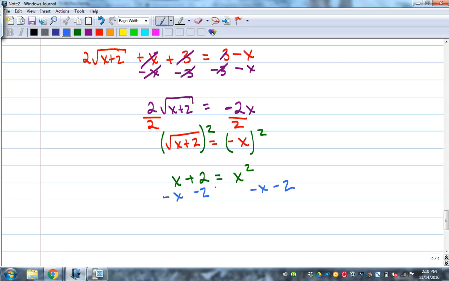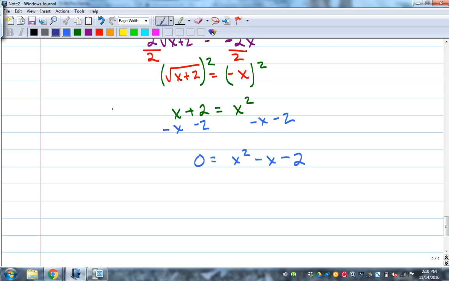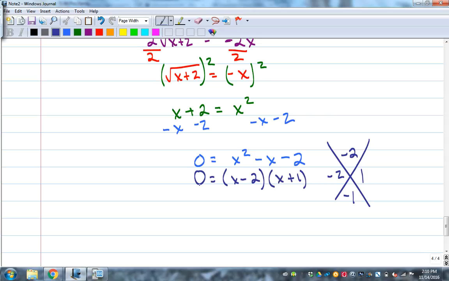Yeah, move everything to one side so that it's equal to 0. And then factor it. Be negative 2 and 1. So x minus 2 equals 0.